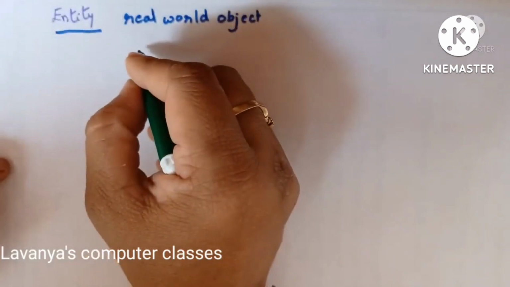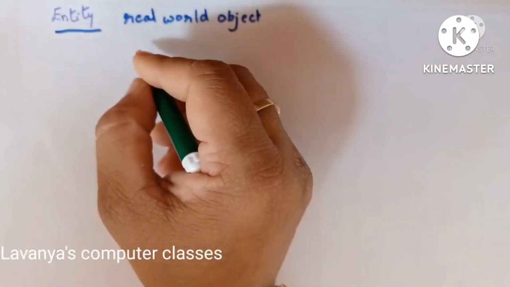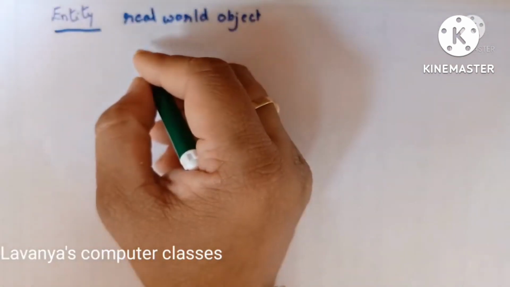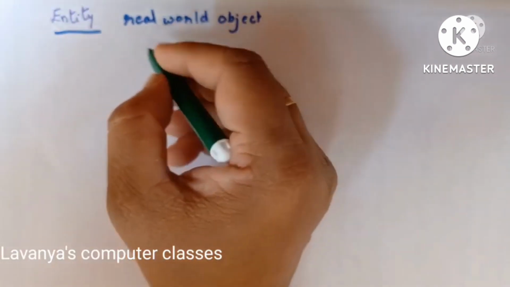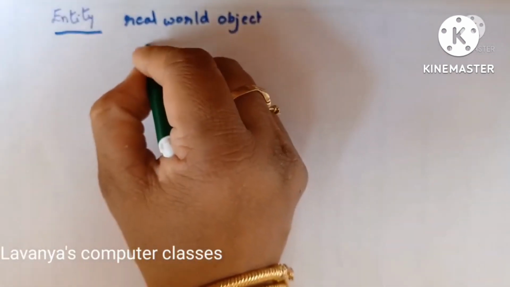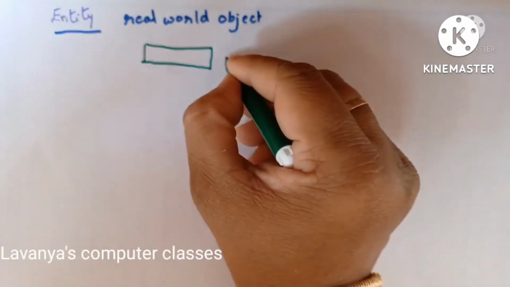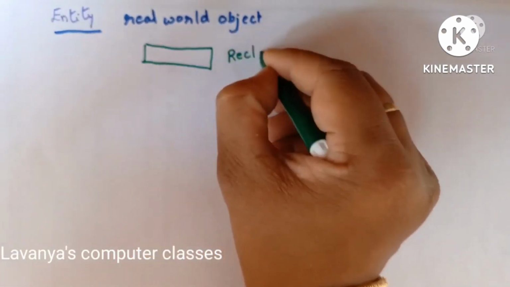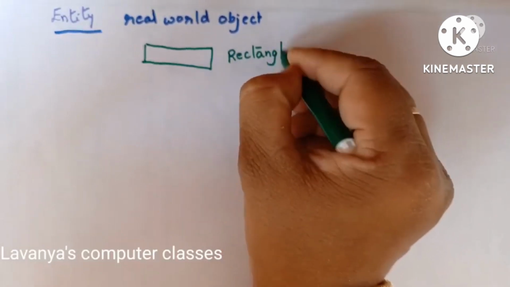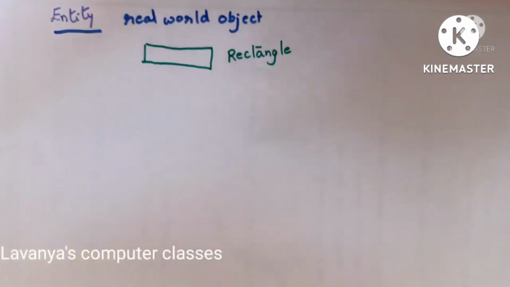In the ER diagram, which is a diagrammatic representation, everything is in the form of a diagram, so it is represented by a symbol. The symbol used for representing an entity is a rectangle.